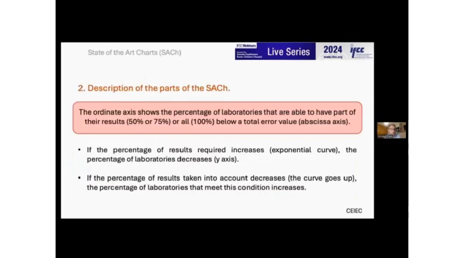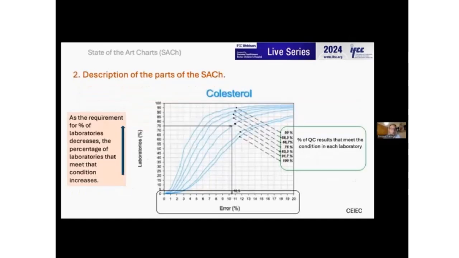Once we more or less understand with which data these state-of-the-art graphs are constructed, let's visualize them. On one side, we have the y-axis, which will show us the percentage of laboratories capable of meeting the following condition, which is 50%, 75%, or 100% of their quality control results, below the total error marked on the x-axis.